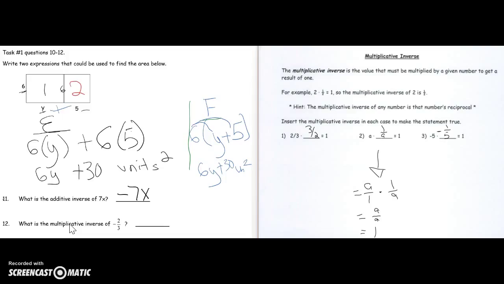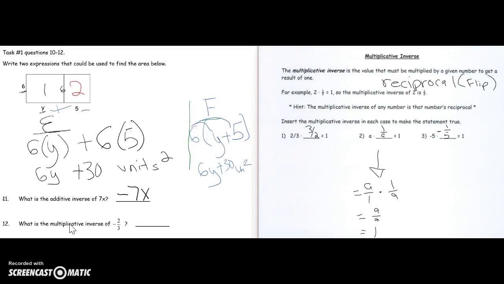Alright, if you're not sure what the multiplicative inverse is, just remember that term we told you about for the last test, which is the reciprocal. And the reciprocal is just when we flip the numerator and denominator of the fraction. So for number 1, 2/3 times its reciprocal, 3/2, gives us 1.